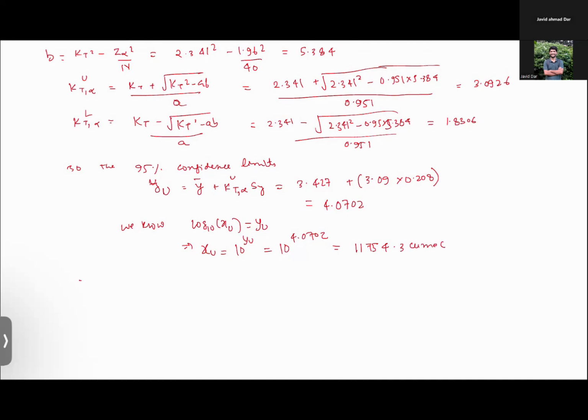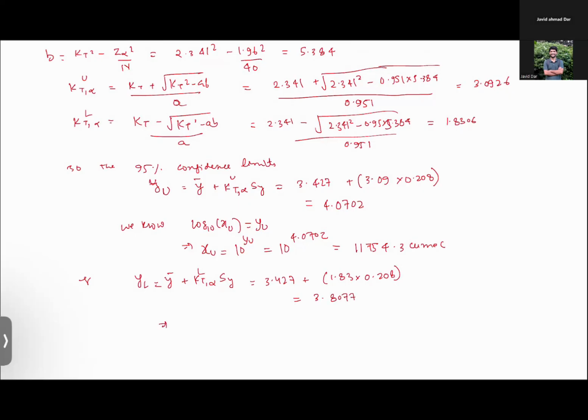And similarly, you can do for YL, which will be Y bar plus Kt alpha of L, Sy. This value comes out to be 3.8077.